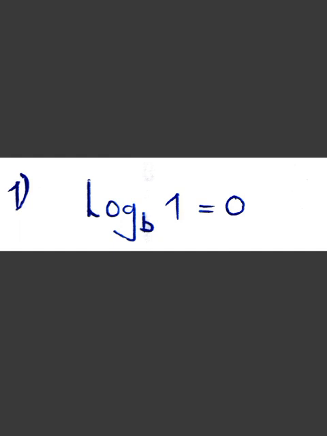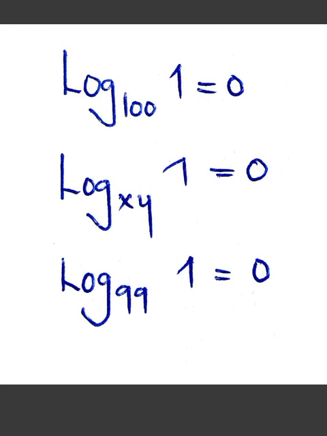This means that if you've got the logarithm of 1 to the base 100 or to the base 1000, the answer is always 0. By base, I mean, have you seen where the b is? Whatever number is usually placed there is what we call the base, right? So let me show you some examples, right?